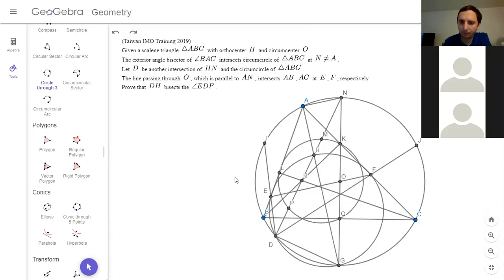So we want to show that this is harmonic.